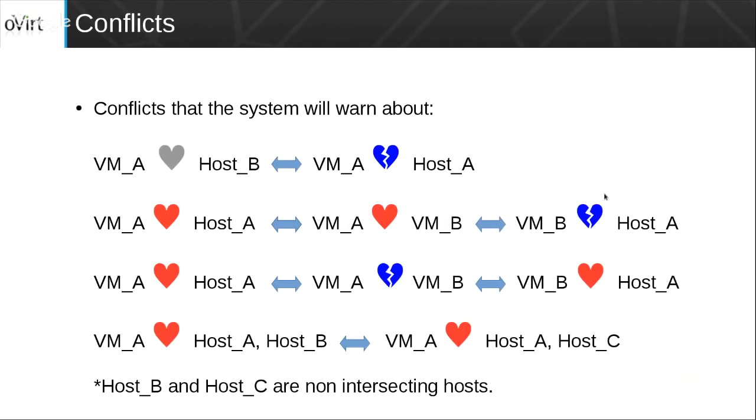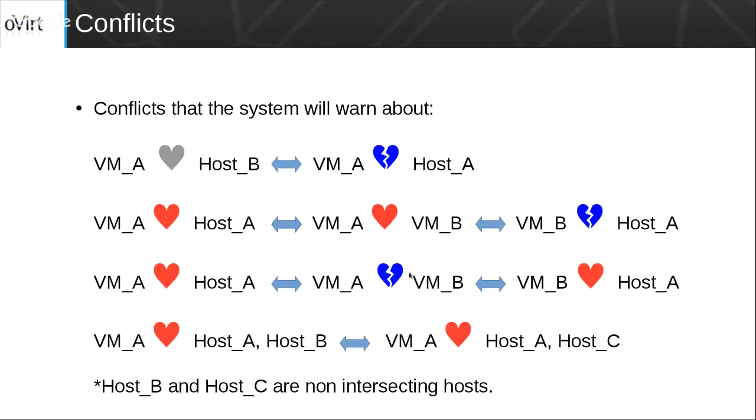Now you can see why this situation is a bit confusing or conflicting, because both VMs want to run together, but VM B cannot run on host A and VM A can run on host A. So the left and right side are a bit conflicting if we join these two VMs together, meaning that if VM A is already on host A and VM B wants to migrate to it, it can't, because it can't reside on host A.